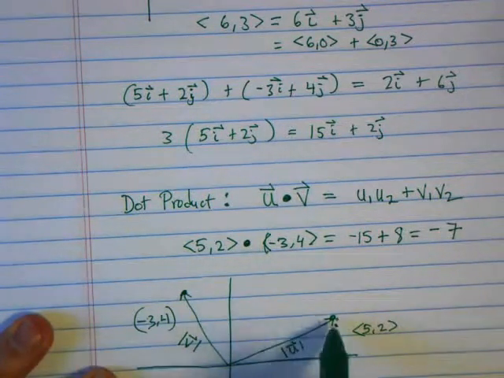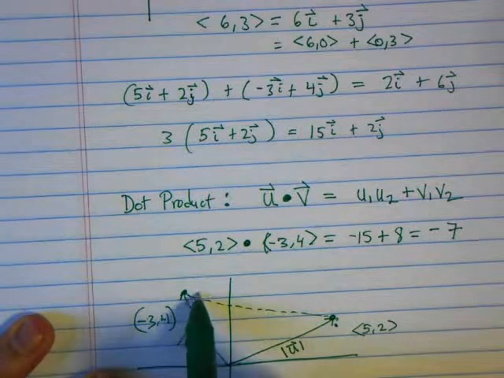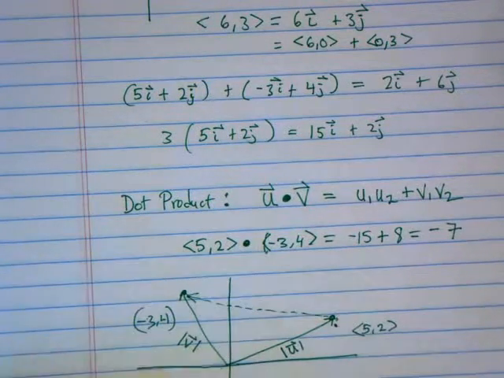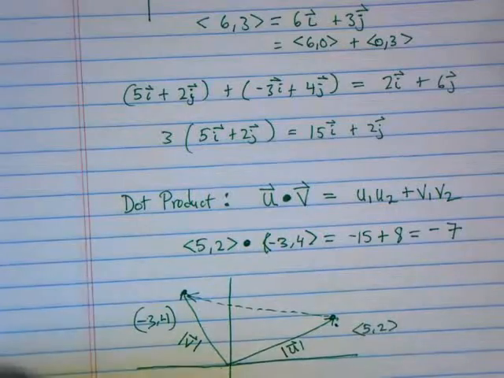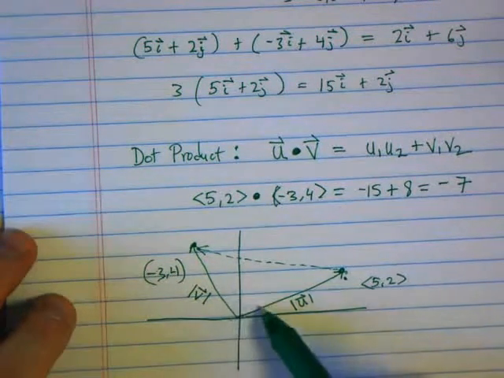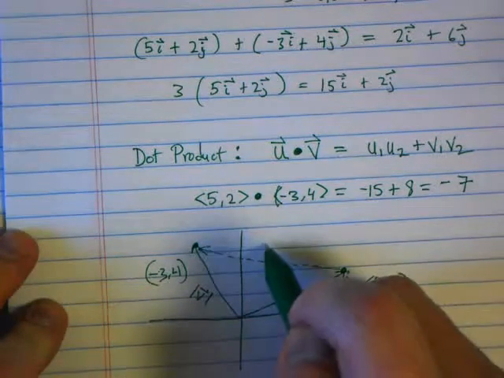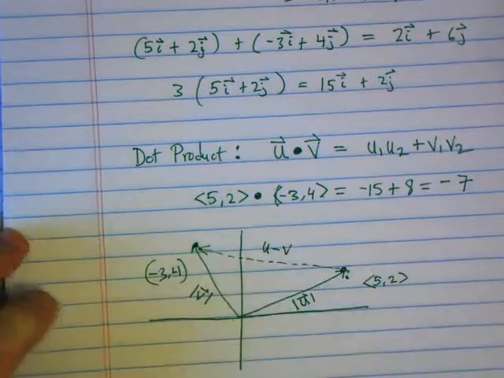What about this vector right here? I'm not sure it makes a right angle, or a right triangle either. I'm not sure that this angle right here is a right angle. This vector, it turns out, would be the vector u minus v.